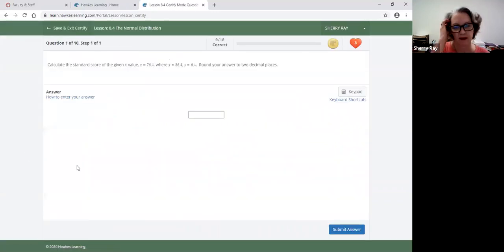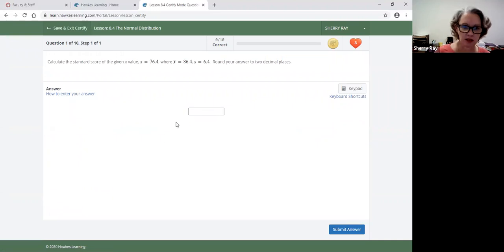All righty. So on this one, there is a formula for finding your z-score. To find your z-score, you take your data point minus your mean and divide that by your standard deviation. This is our formula here. Our data point in this case is x.